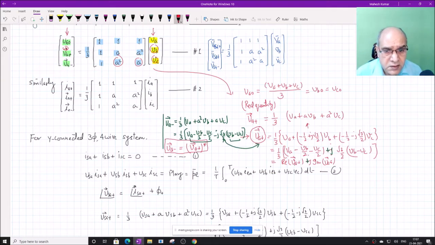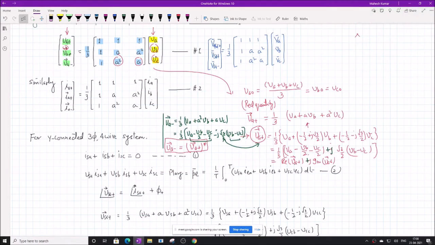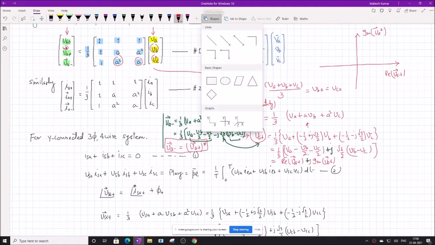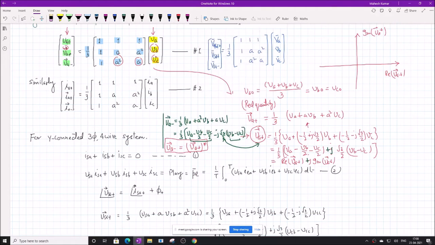If you plot in the time domain the real versus imaginary of BA plus, suppose this is my real of BA plus and this is imaginary of BA plus, then you will see that the locus of this is a circle for balanced voltages.